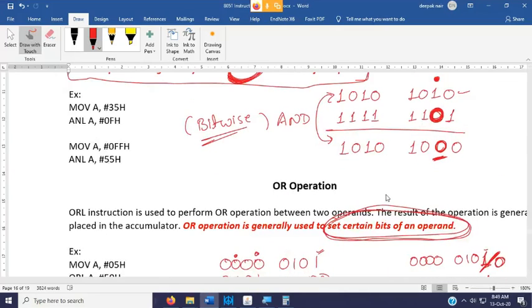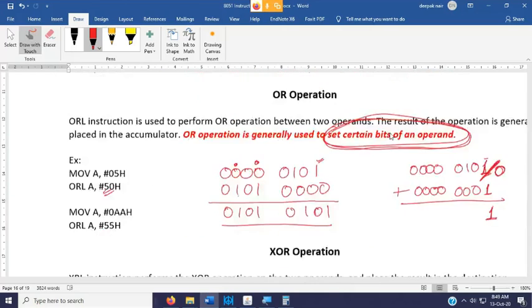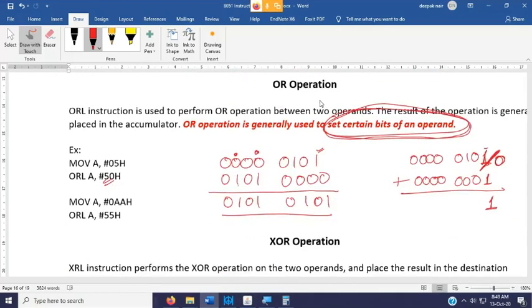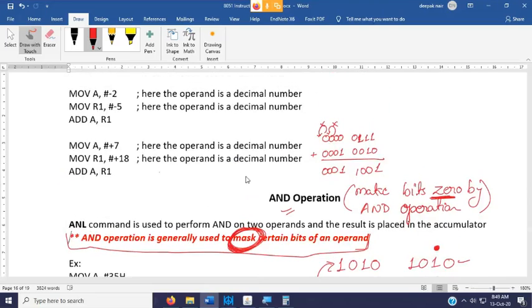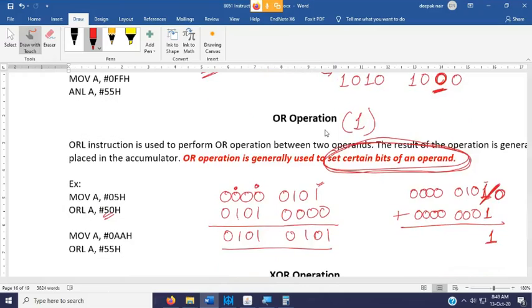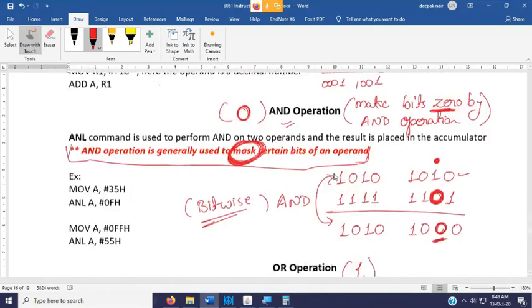Remember, AND makes bits 0, and for that you use 0. OR is used to make bits 1, so OR is used to set bits, and we use 1 in this operation. So OR comes with 1 and AND comes with 0. To set bits use OR, to reset bits use AND.